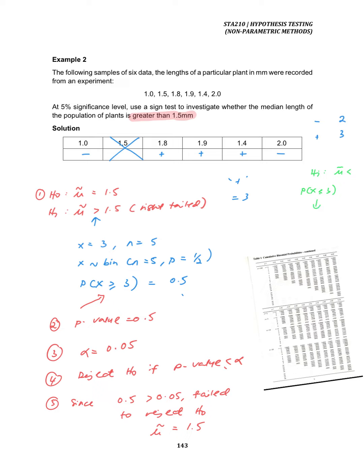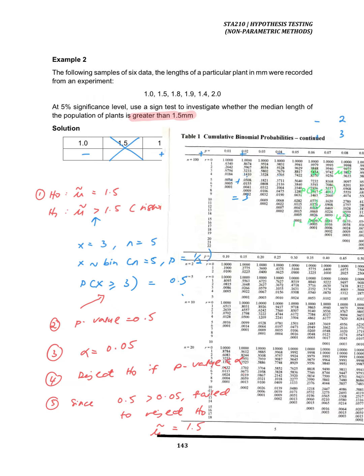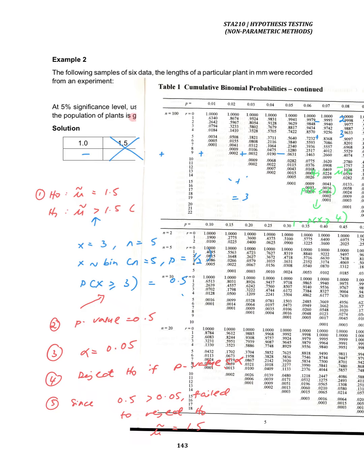So awak kena convert yang ni. Probability of X less than or equals to 3 adalah sama dengan 1 tolak probability of X greater or equals to 4. So awak carilah probability of X greater or equal 4 adalah sama dengan, ni contoh je lah, saya bagi contoh, N kita 5 tadi kan.